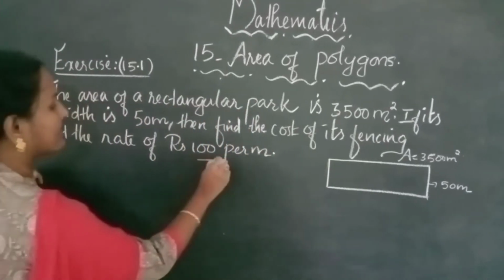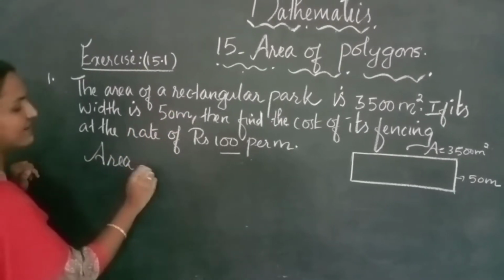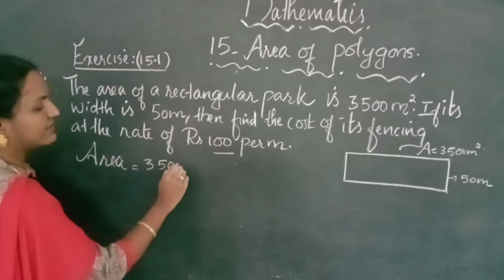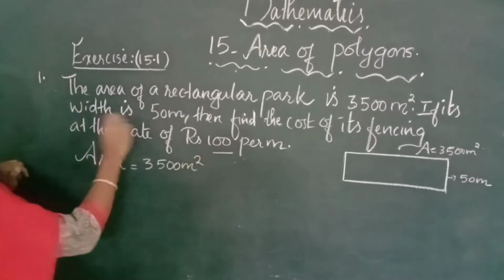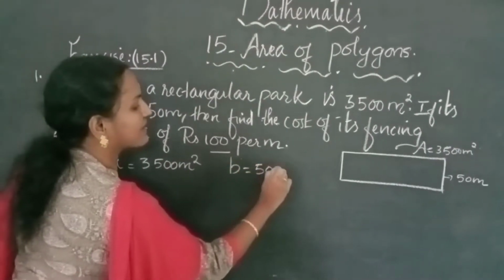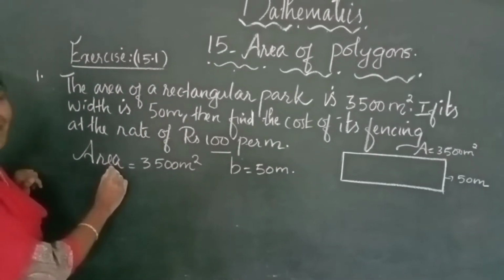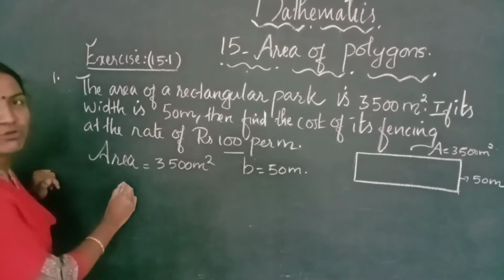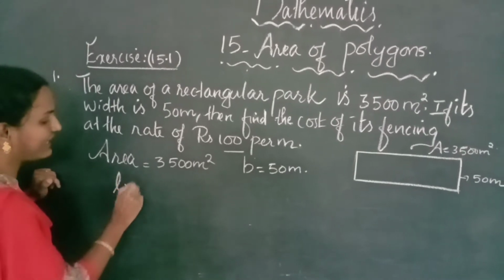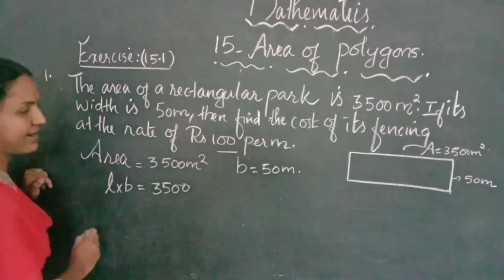So what is given? Area of a rectangular park is given, 3500 meter square. Its width, meaning breadth, is 50 meter. Area of a rectangle is L into B, so length into breadth is equal to 3500.